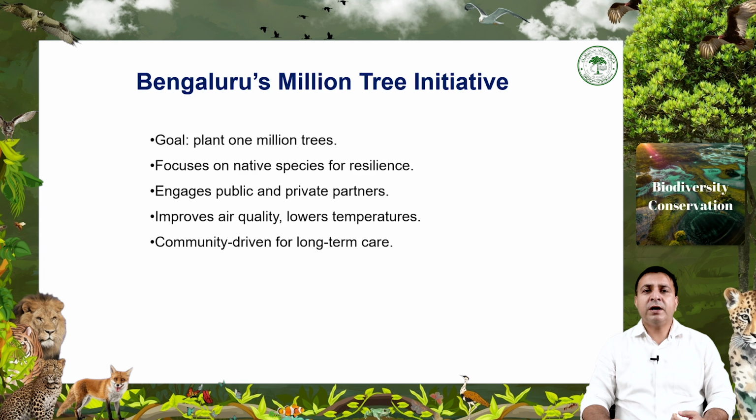These community driven projects also engage public and private partners, ensuring trees are planted and maintained for the long term. These projects also help lower temperatures, improve air quality and enhance urban green spaces, demonstrating the powerful impact of large scale tree planting initiatives.